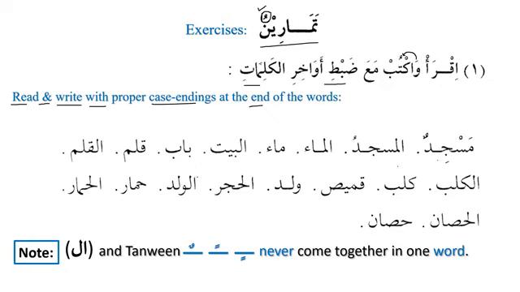Similarly, we have al-ma, and then we have to put the case ending, and we will put al-ma'u. And why would we do that? Dhamma, excellent. Because as you can see here, al and tanween never come together in one word. They never come together with respect to the Quran and with respect to the Arabic language. In poetry, maybe there is a possibility. But when we talk about Quran and Hadith, al and tanween never come together.